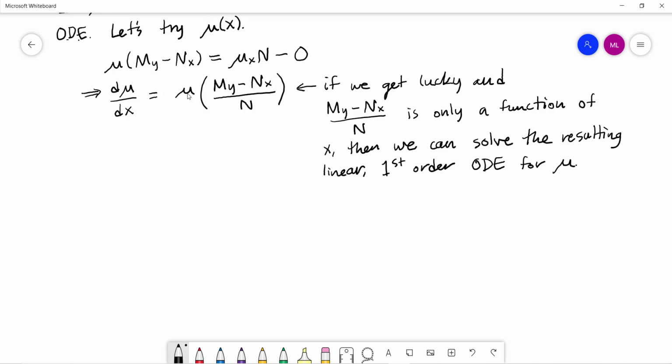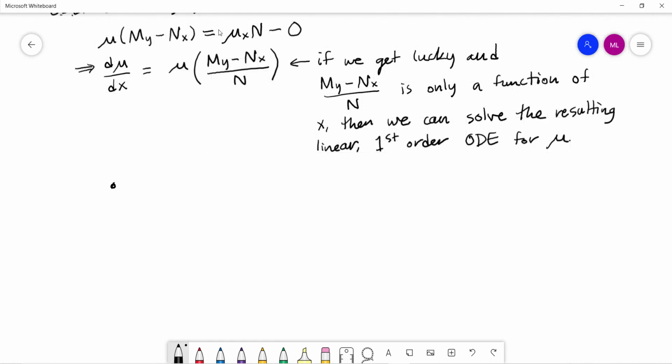So let's do it for both, assuming mu is a function of x and mu is a function of y. Let's just do these as 2 bullet points to summarize, because I think we've probably spent enough time on this. Okay, so if we wind up getting the following, m sub y minus n sub x divided by capital N, the result that we just got right here, I think that's good.